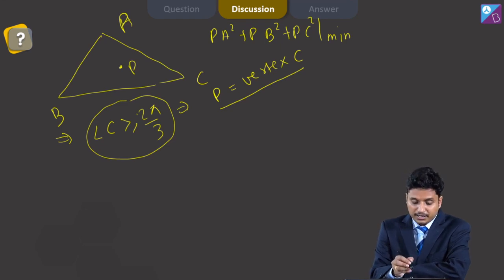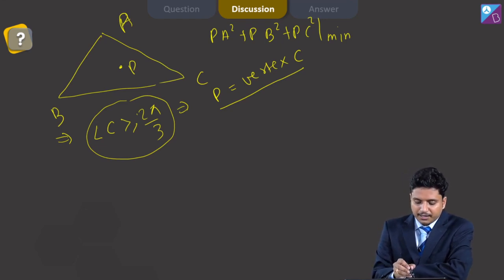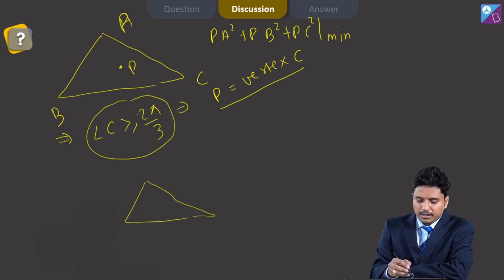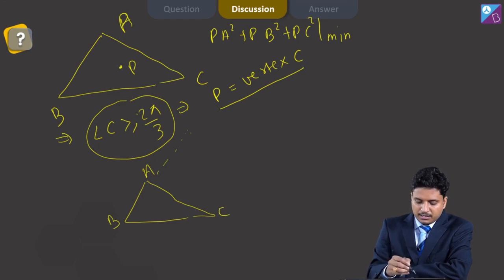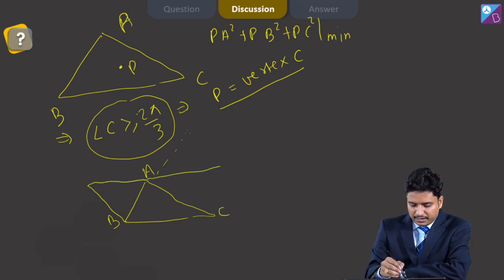If angle C was not greater than 2 pi by 3, then what would be the point? Then it is a little complicated. Suppose this is your triangle; you have to form an equilateral triangle on the opposite side of each one, like ABC. Suppose this is P, so PA, PC and AC should be equal.